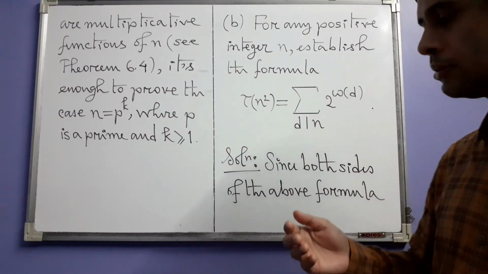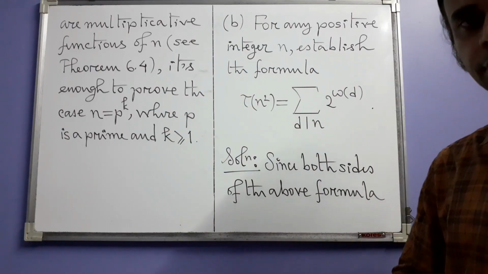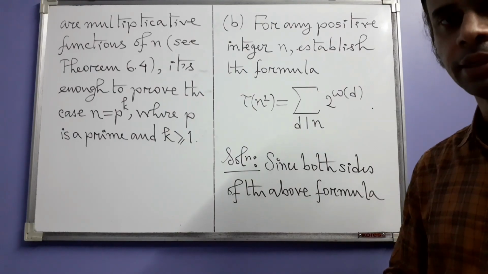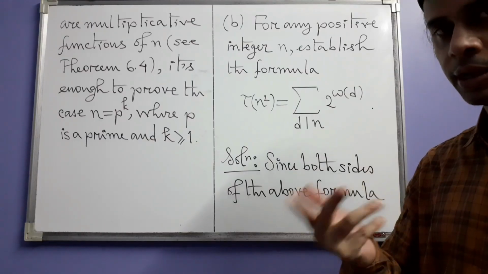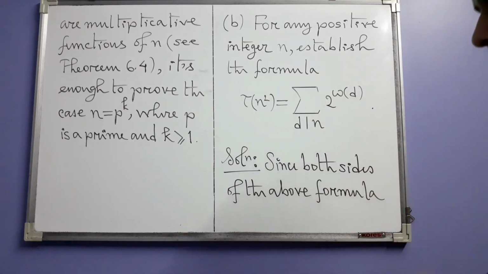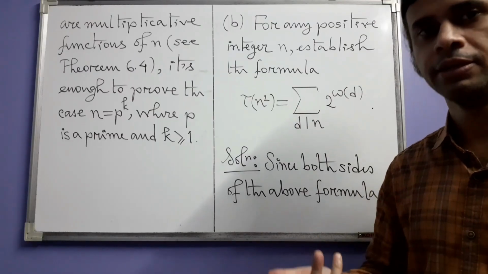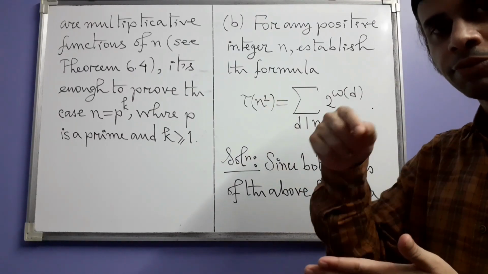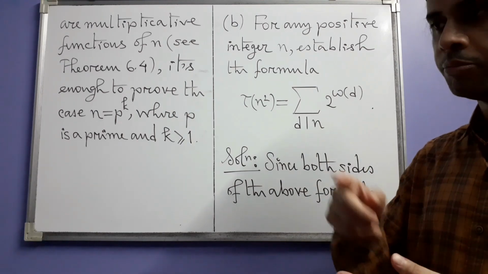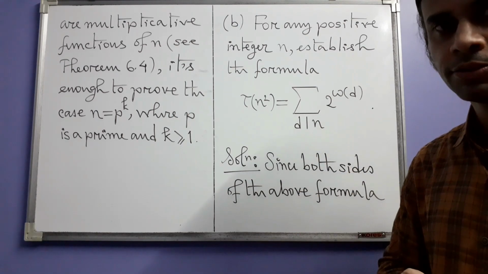So you can start showing that tau of n square is multiplicative the usual way. You take two positive integers m and n, which are relatively prime, and then you calculate tau of mn square. Let me just tell you what will happen. Tau of mn square means what? Tau of m square times n square. Because m and n are relatively prime, so are m square and n square.